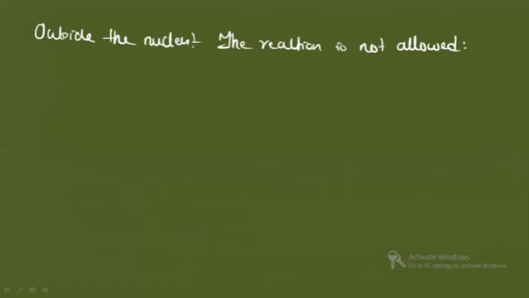A particle whose mass is less and which is at rest, with no kinetic energy, the reaction will not be allowed because there is no movement in the particle, so no kinetic energy is there and the mass is also less. Clear? So this is all about the conservation of energy. Next we will see the conservation of lepton number.